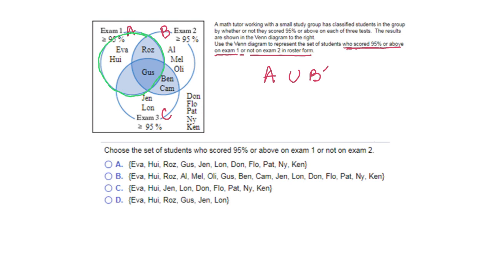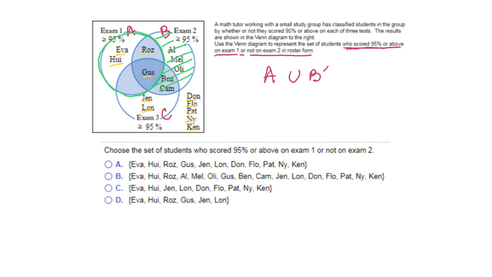I'm going to unite those 4 names with not B. To identify the complement of B, I eliminate B, so I eliminate all the names that are contained in B. That leaves all these other names: Ava, Huey, Ross, Gus, Jen, Lon, Don, Flo, Pat, Nye, and Ken. That would be my remaining students that would be included in A union not B.